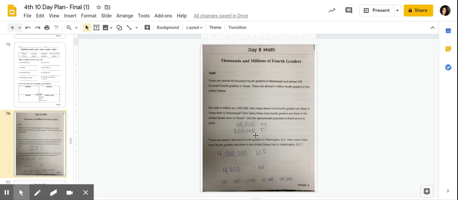So if you notice here, remember every time you go over a column to the left, you're timesing by 10. So depending on how many times you have to go over to the left, that's how many zeros you're adding to your 10.